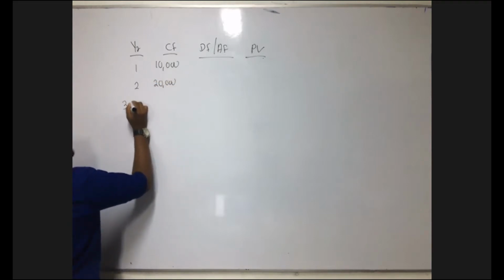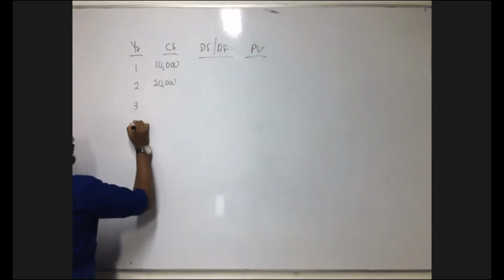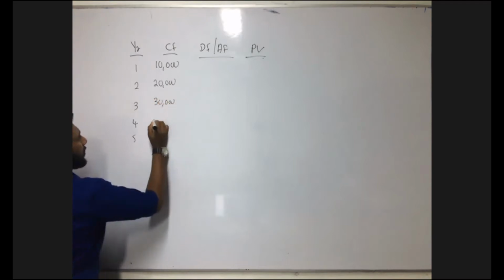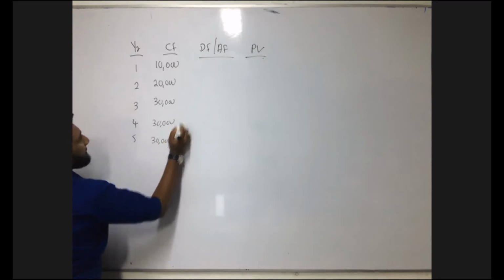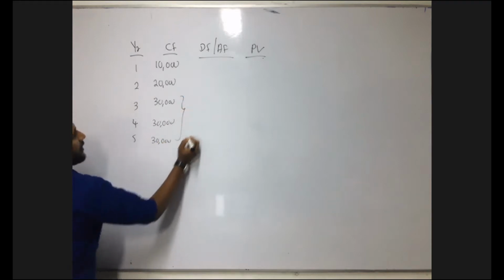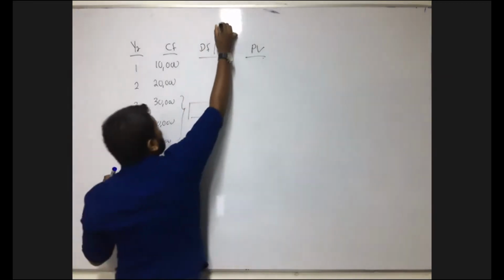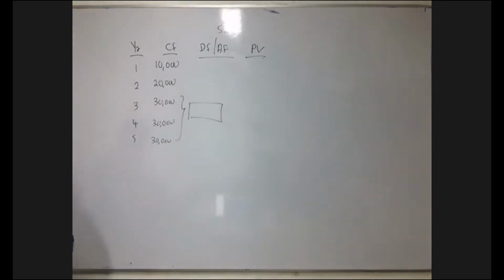Year 3, 4, 5, it is 30,000, 30,000, and 30,000. This is the common thing, so you can use your annuity factor. For years 1 and 2, you can use your discounting factors. I gave you the rate, 5%.